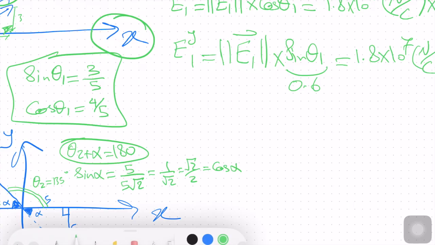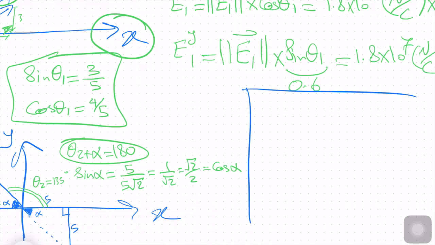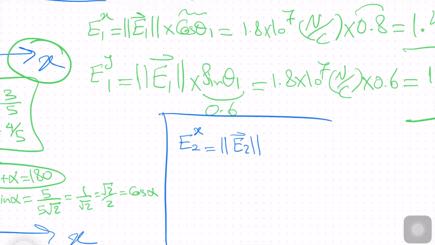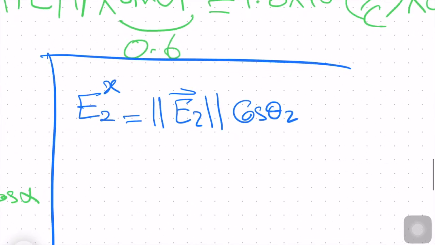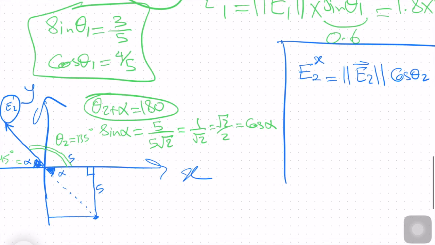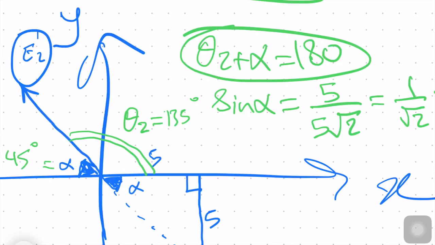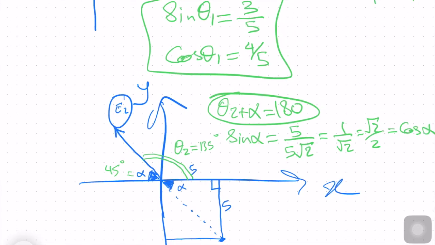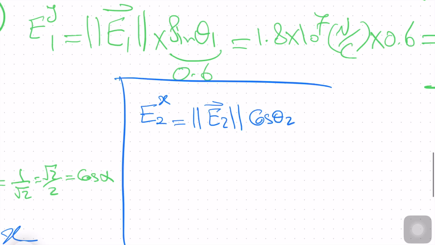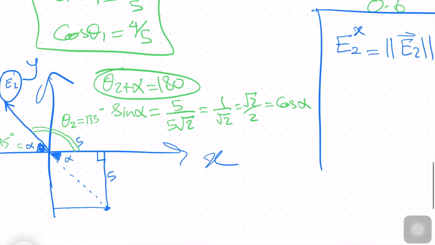But let's go back here, and I'm going to use blue. So what is E2x? It's the magnitude of E2, because I want to use the simple formula that doesn't have any additional minus sign you have to put in, if you follow this convention where you define angles only with the positive side of the x-axis. But if I was using 45, I would have to put a minus sign by hand in here. That's the only difference.